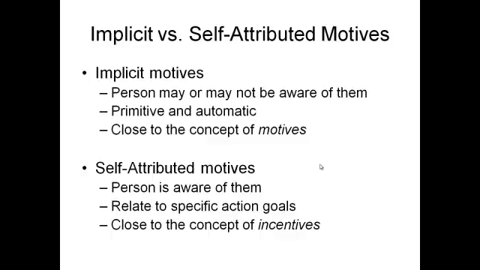But if we want self-attributed motives, if we want what you think about your own needs and what your needs are, then we would just give you a self-report test to measure that. But the evidence seems to be that these are two different things, and this is very interesting. If you remember in an earlier PowerPoint, in an earlier lecture, we looked at the IAT, the implicit association test.